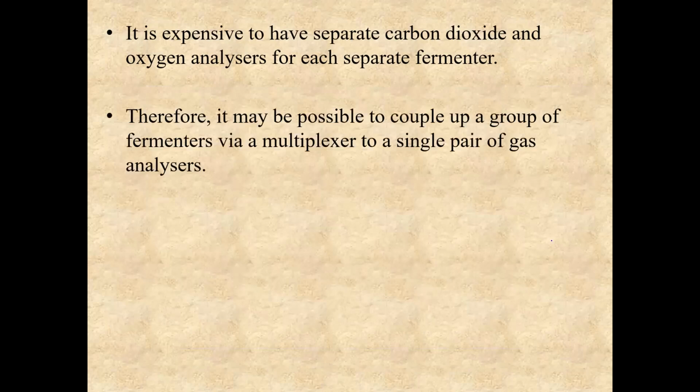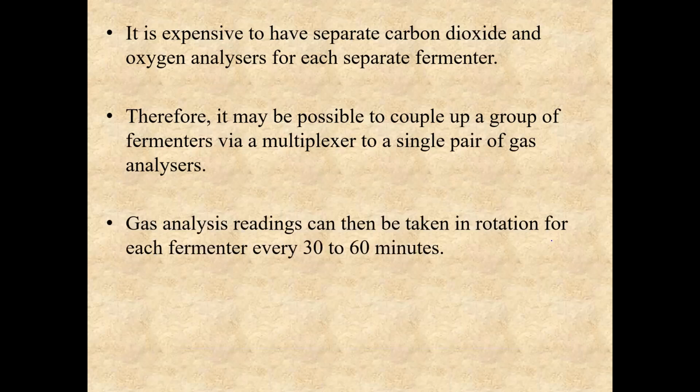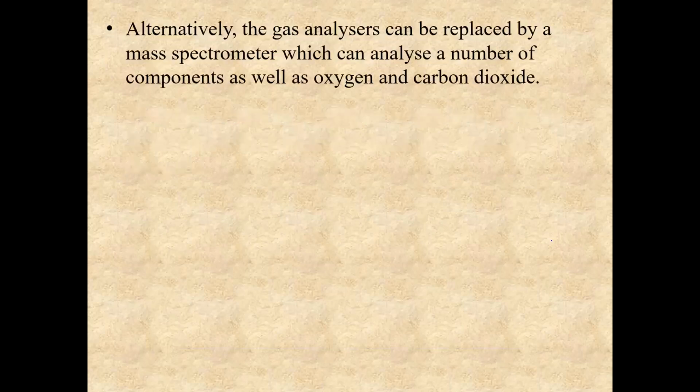So it may be possible to couple a group of fermenters via a multiplexer to a single pair of gas analyzers: the paramagnetic oxygen analyzer for oxygen, which may be of deflection or thermal type, and this infrared analyzer for CO2. Gas analysis readings can be taken in rotation for each fermenter every 30 to 60 minutes. And in many cases, this will be adequate.